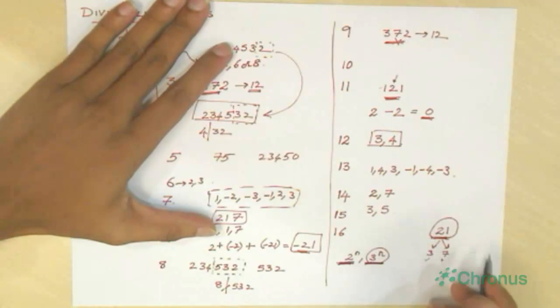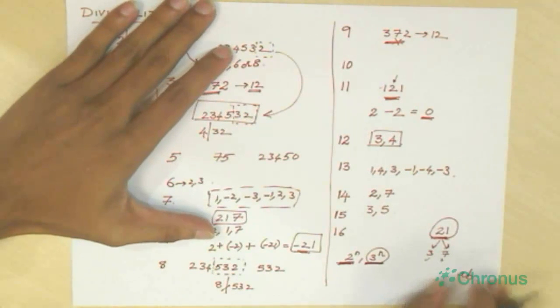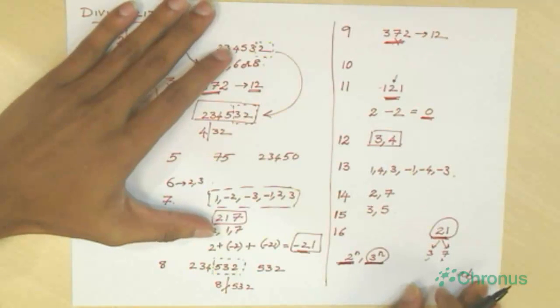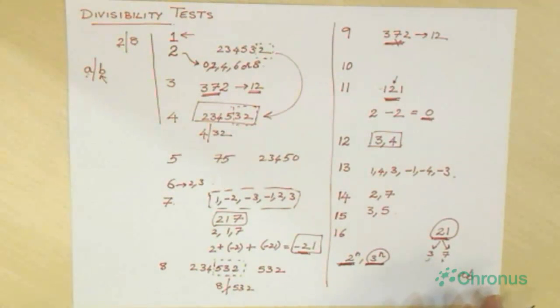So given a product of two numbers, a number is a multiple of AB if it's a multiple of A and also a multiple of B, provided that A and B are relatively prime. We'll see what relatively prime is in the next video.